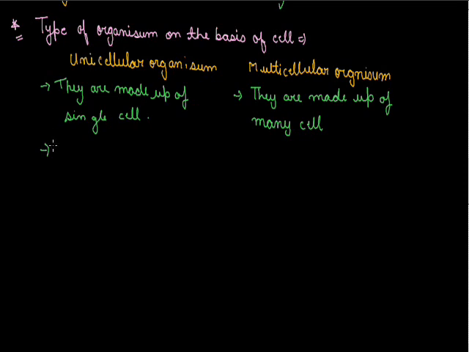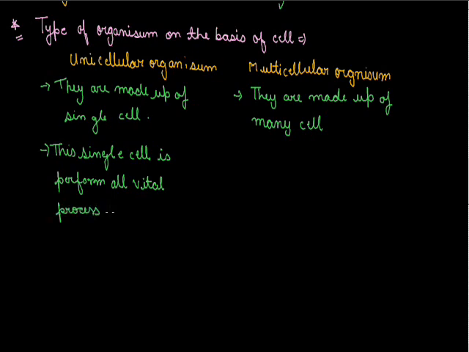In a unicellular organism, this single cell performs all the vital processes of the organism, while in a multicellular organism differentiation is present.